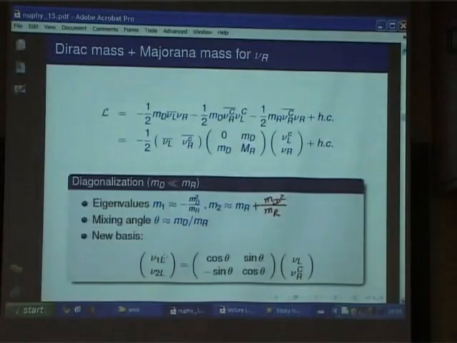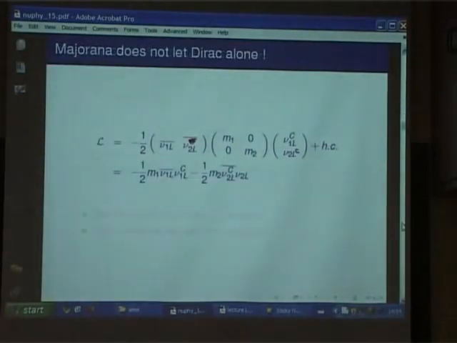The new basis is u1L and u2L. The matrix is diagonal, M1 and M2, and therefore the Lagrangian becomes equal to this. So I expand the Lagrangian. The Lagrangian looks like this.